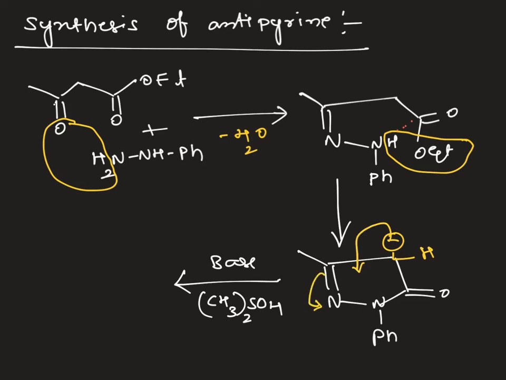Nitrogen is an electronegative atom, so it can hold the negative charge comfortably, and after forming the negative charge on nitrogen, it undergoes N-methylation and we get the product. Here we get a double bond, and nitrogen bearing N-methyl, C double bond O, and this we call antipyrine.